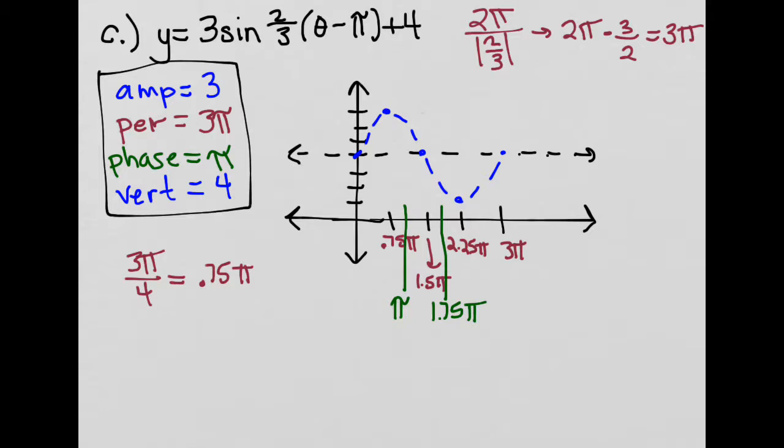We add 0.75. So this next tick mark, if you add 0.75 to 1.5, you're going to get 2.5 pi. And then if we add 0.75 to 2.5, we get 3.25. And if we add pi to our last important point, which was 3 pi, we get 4 pi.